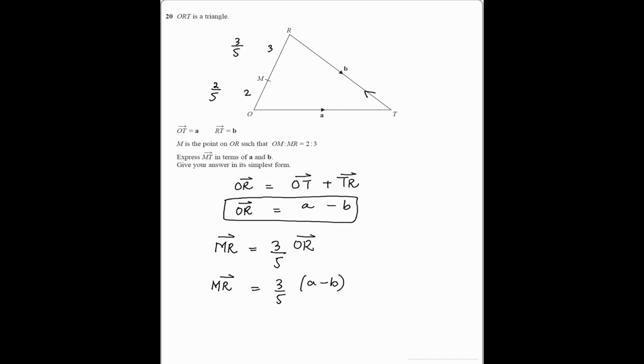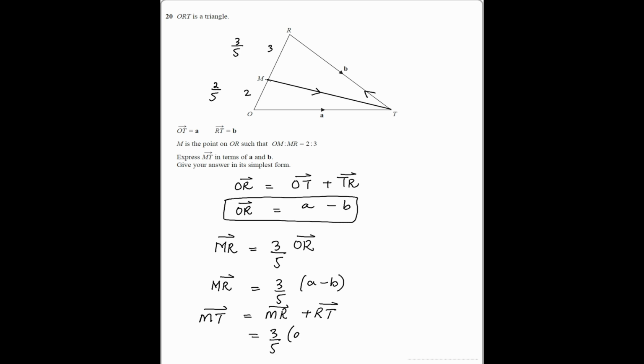Now find vector MT using the triangle path. Now we travel from M to T, this vector. So MT equals MR plus RT. Now MR is already known to us.